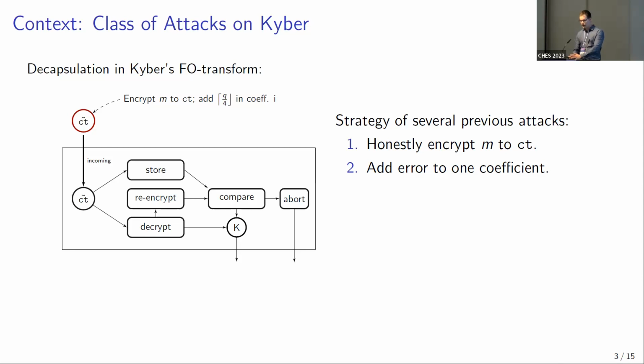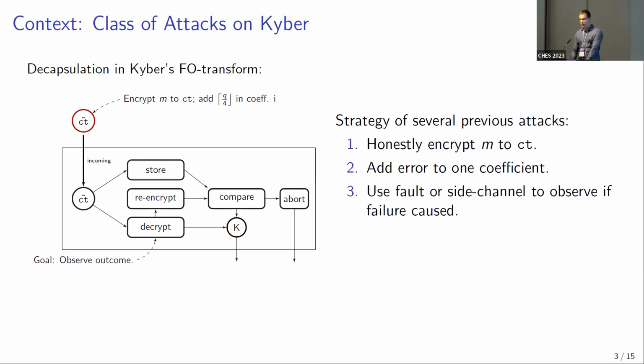So the ciphertext is then submitted to the device. The device first stores the ciphertext in memory, performs the decryption. This potentially fails and outputs a different message. And if the attacker can observe this, then the attacker gains information about the secret key, about the error term, and thereby about the secret key.